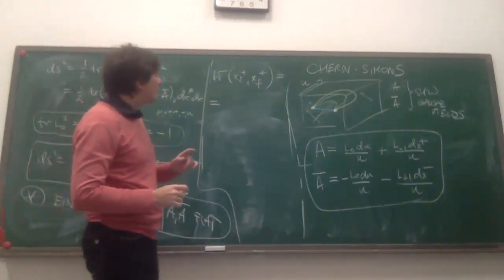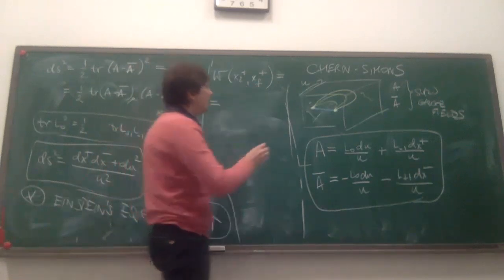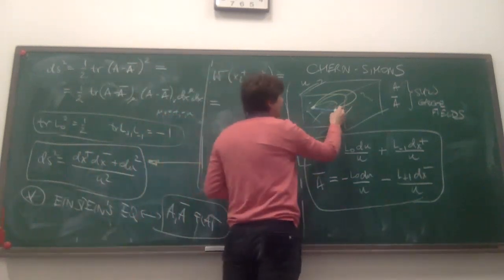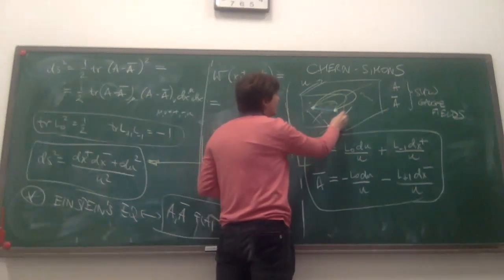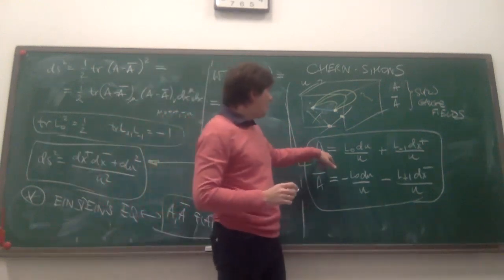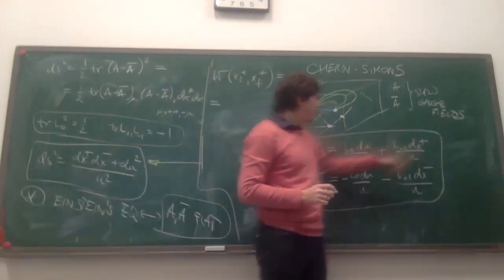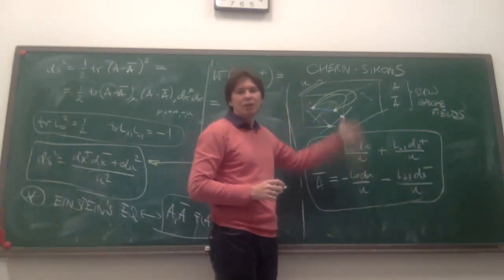Let me just make one more comment, which is that I only concentrated on the plus coordinates of my endpoints. So this would be the plus coordinate of the final and initial point. That's because one of my fields only depends on x plus, the other one of my fields depends on x minus, and these fields don't talk to each other.